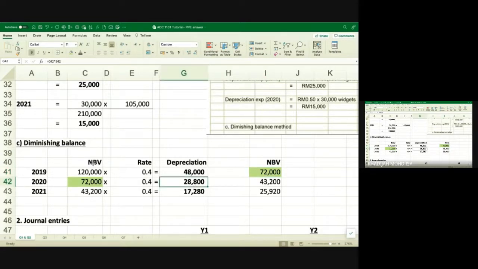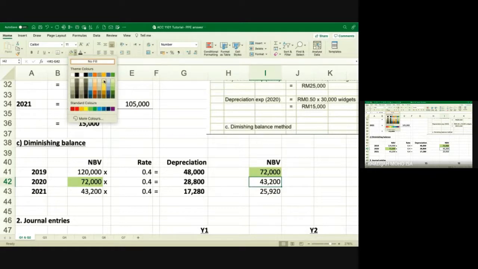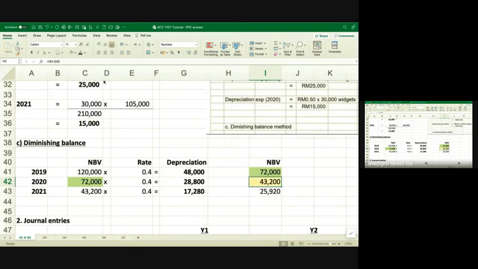And 72,000 minus 28,800, you get 43,200. That is the net book value for the asset at the end of 2020. So 43,200 will also be the opening value for 2021. You times by the 40% rate, then you get the depreciation for the year. So this is the net book value at the end of 2021.